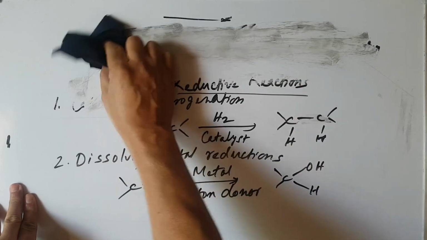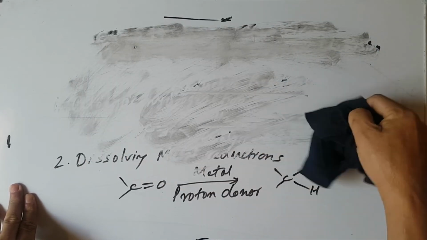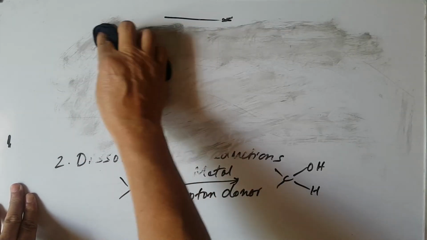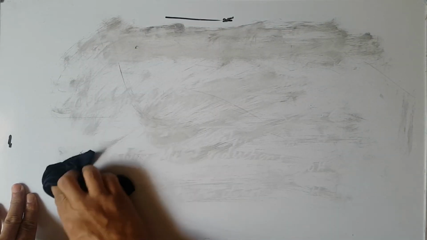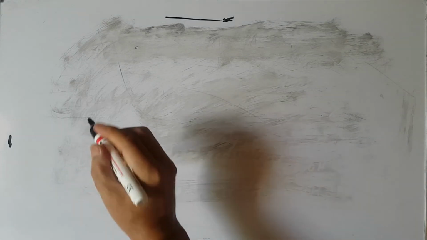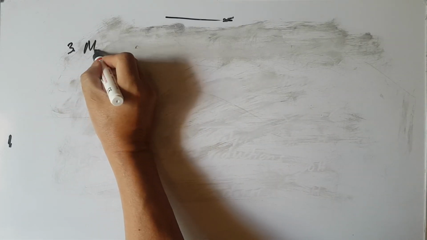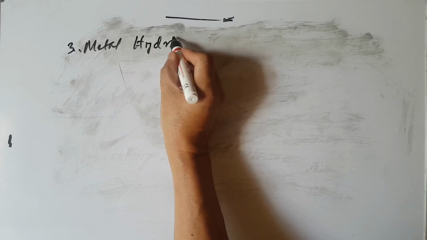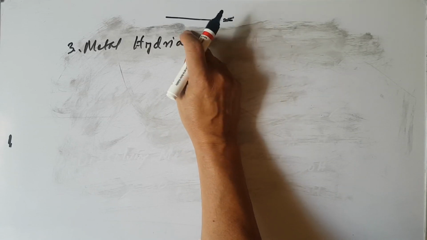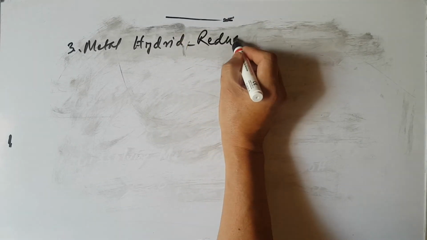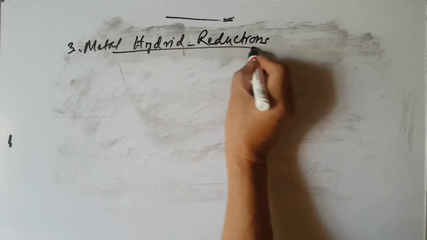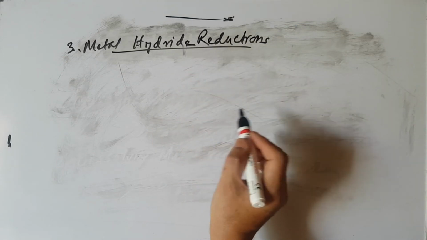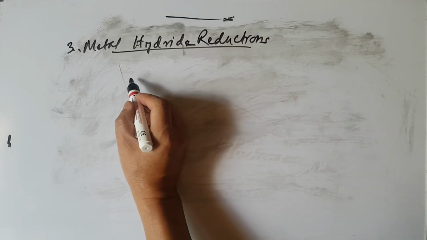The third one is reduction with hydrides, the metal hydride reductions. Here there is transfer of hydride from a metal.